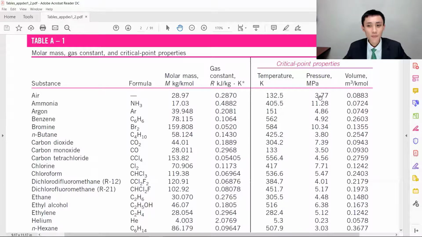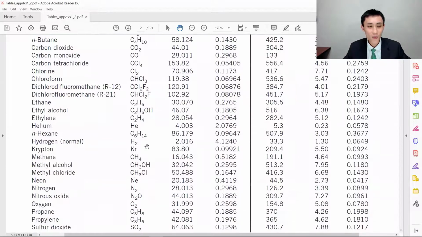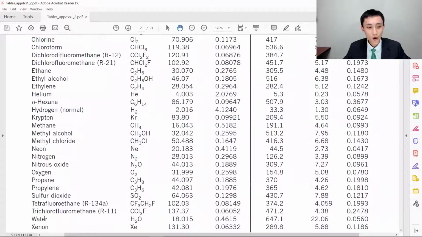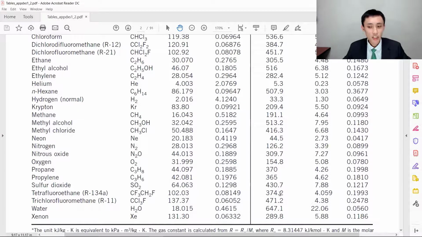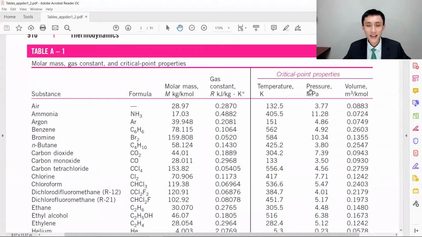You can look up all the values from here: for air, for argon, and if you scroll down, for H2O and for refrigerant. Keep in mind the unit on the table for critical pressure is MPa, megapascal, which is 10 to the 6 of Pascal.